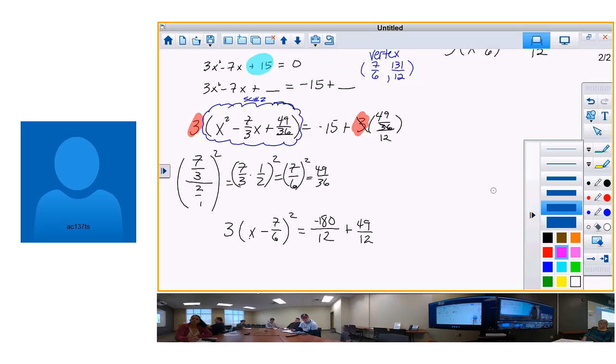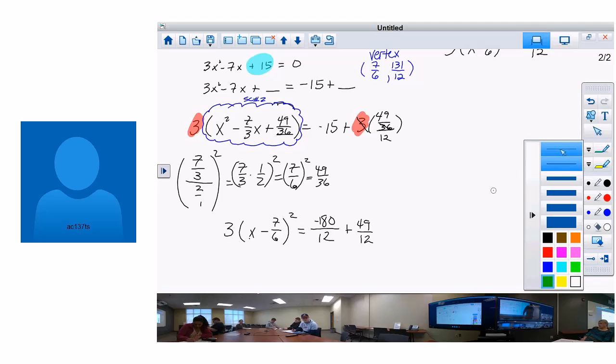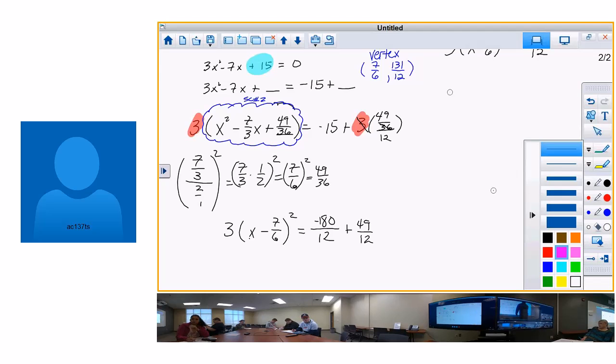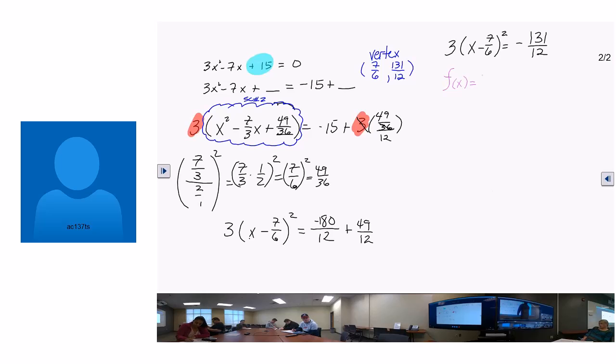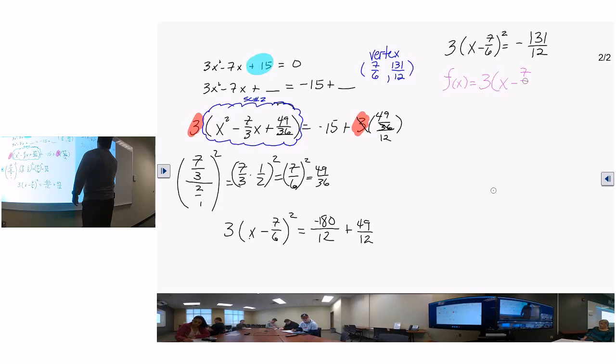If it asks you for the intercept form or the standard form, you have to write it like this. F of x is equal to 3 times x minus 7 over 6 squared plus 131 over 12.